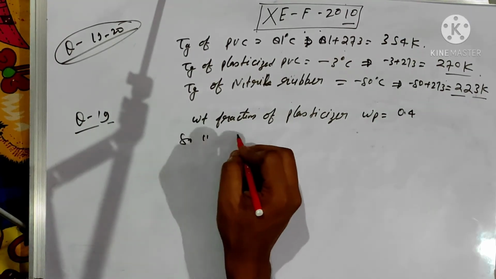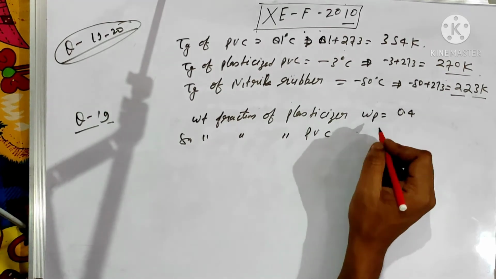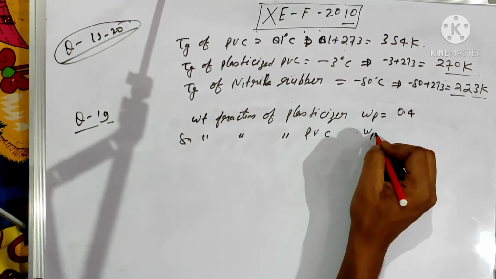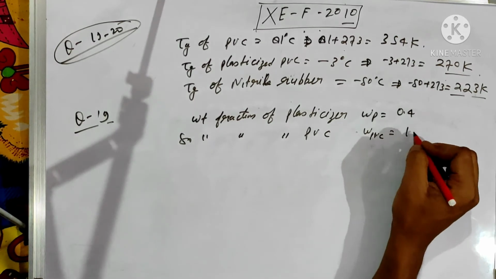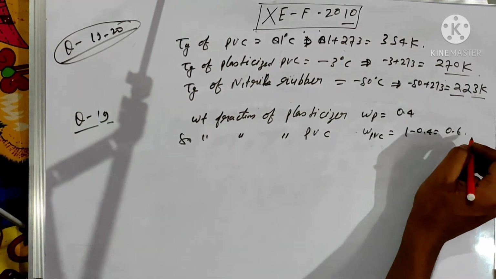So the weight fraction of PVC is equal to 1 minus 0.4, which is equal to 0.6.